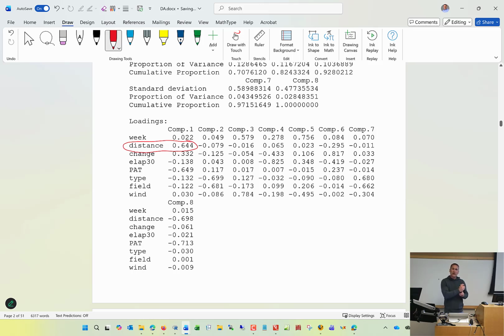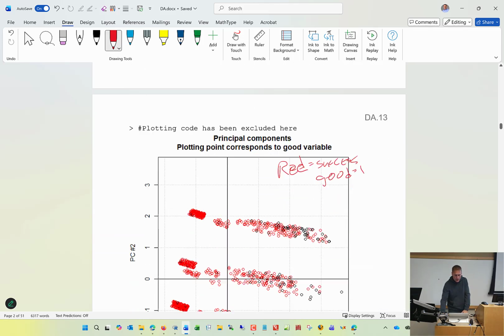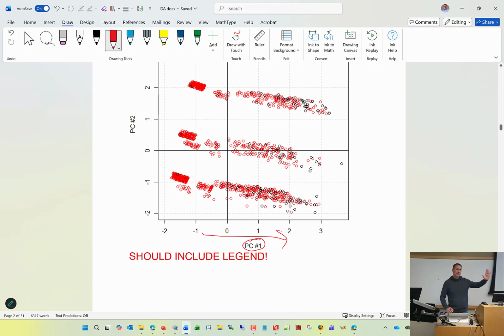If you do have a point after touchdown, it's often a distance that's, at least with this data, which was collected before the current rules were out there for the NFL, these PATs were 20 yards. So that's what we're seeing. That's why we have the blacks getting more prevalent as PC number 1 increases.